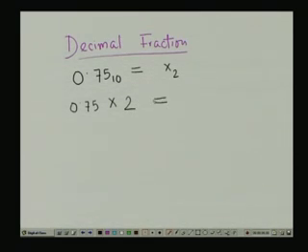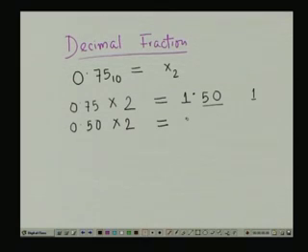What will be the result? 1.50. So my integer is 1 and the fraction is 0.50. Again 0.50 into 2, I know that this will be 1.00. So the integer value is 1, and we will stop because my fraction becomes 0.